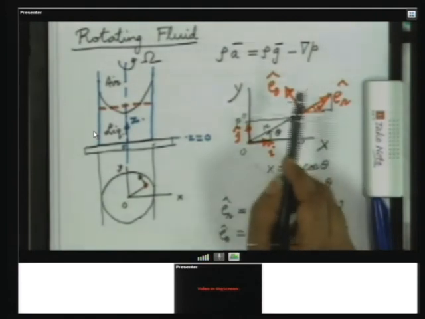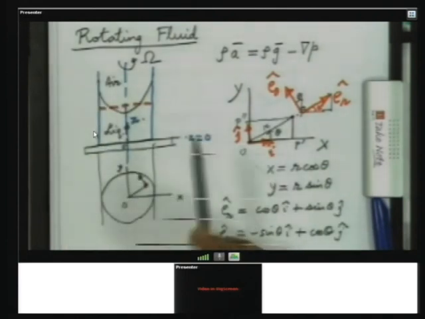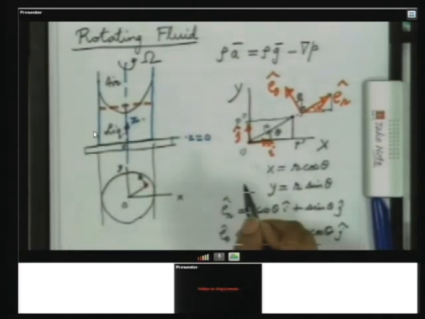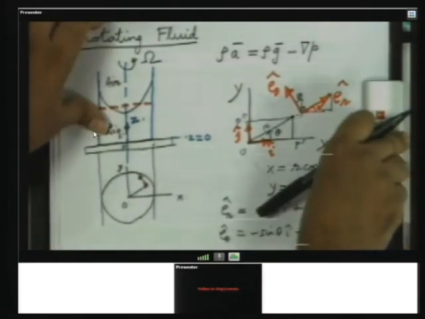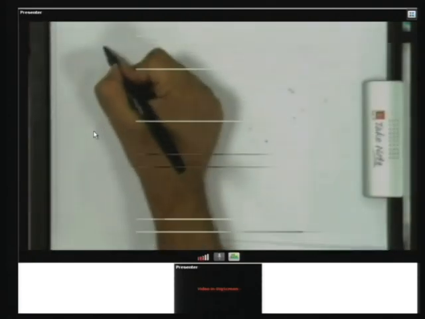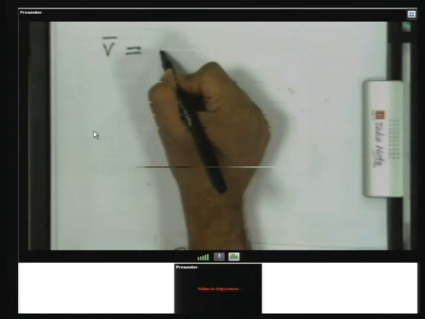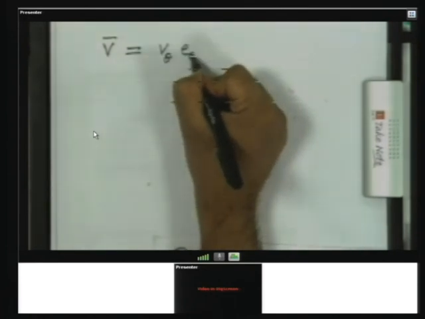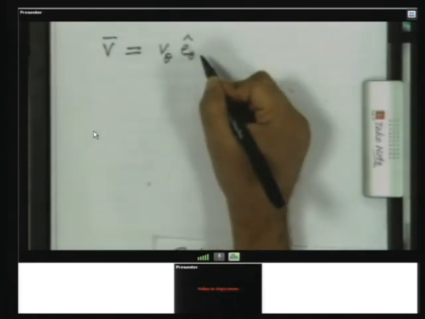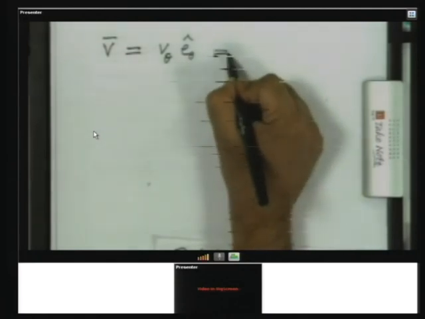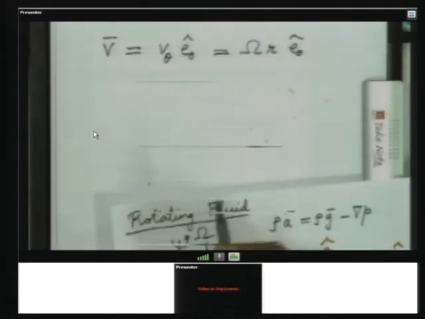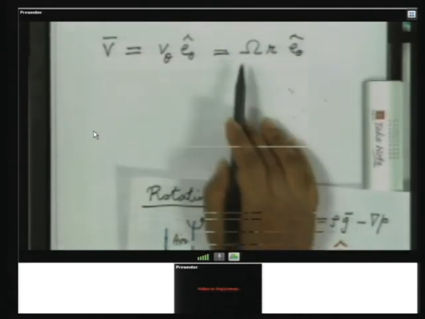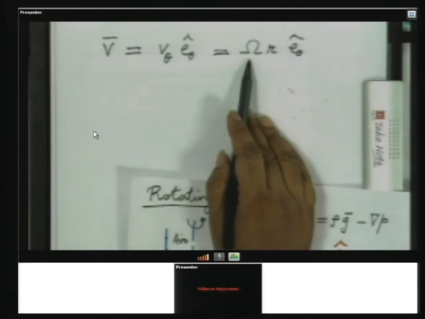So, when the fluid is undergoing a swirling type motion, pure swirl motion, your velocity vector will have only a tangential component, and you can write it in this form. The velocity vector is equal to v_theta e_theta. This is for pure swirling motion, and this v_theta is omega r, where omega is the angular speed, which for us is a constant.